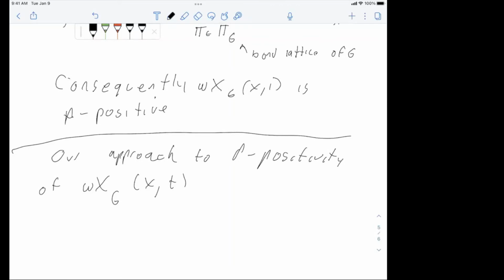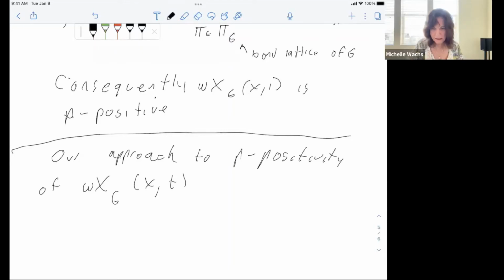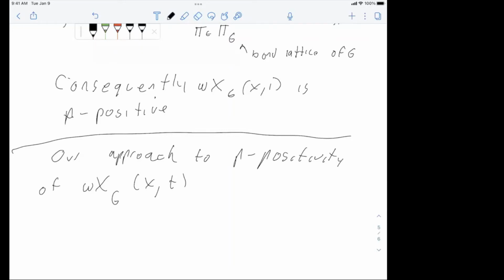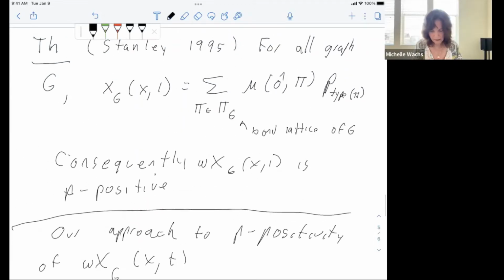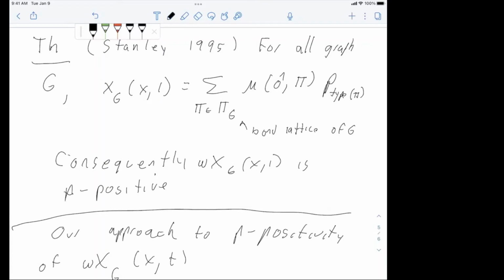Michelle? Yes. This is Teodros. I want to ask, in your previous statement of Stanley, the computation is t equal to 1. Now, what if you put, instead of 1, -1? Would you be able to avoid the alternating signs in the Möbius function, or is there anything known?